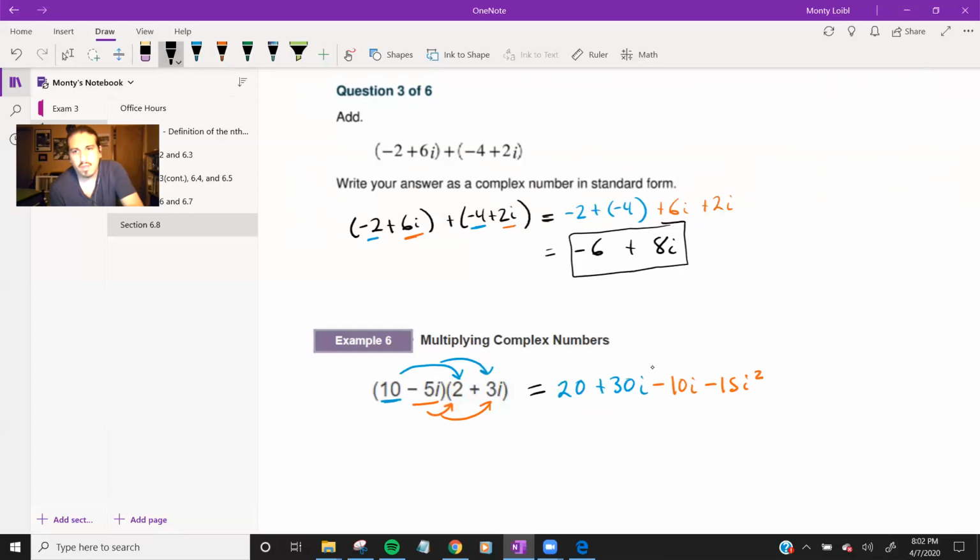Let's keep in mind where that came from. So negative 5i times 3i, so our negative 5 and 3 are multiplied together to give us 15, and then our two i's are multiplied together, so we get i squared. But in the chat, what is i squared? What is i squared equivalent to?